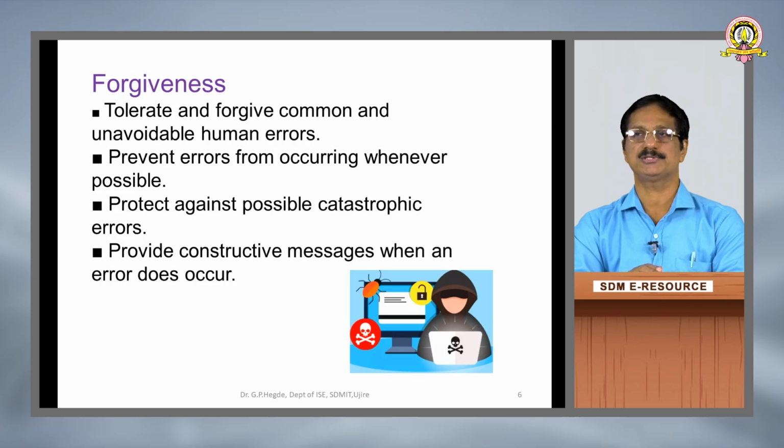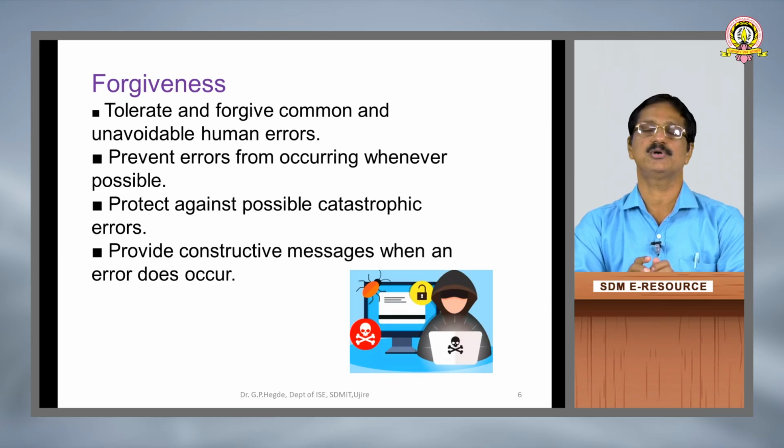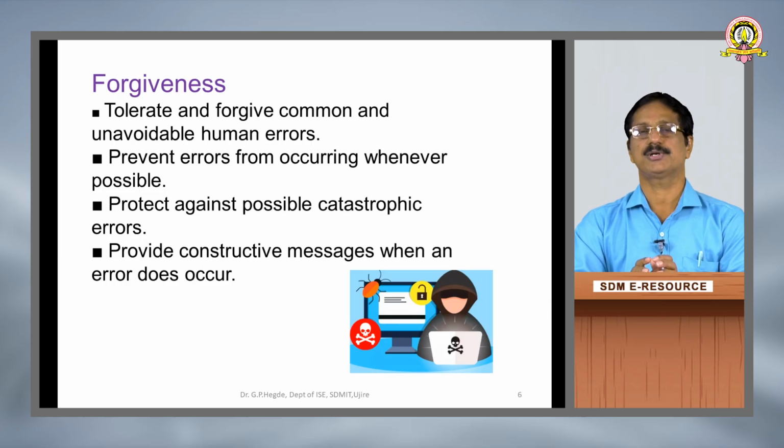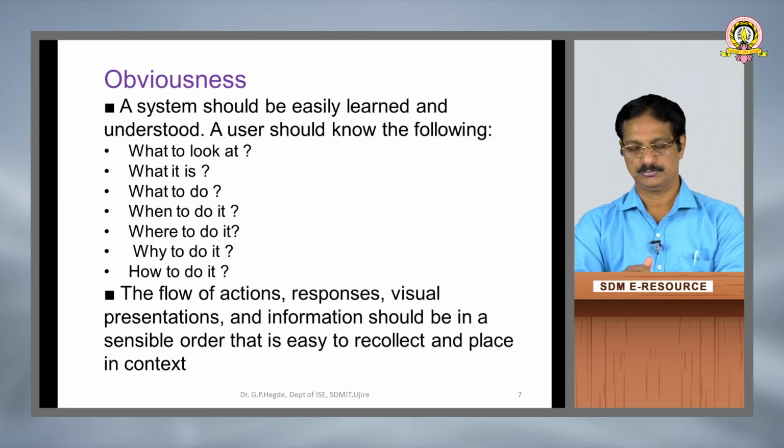Protect against possible catastrophic errors. Provide constructive messages when an error does occur. So see, it's very important. We should have a forgiving nature, that is called apology, with the system. User should have an apology with the system, because computer cannot do anything. User can do anything, because users themselves designed the computer system.